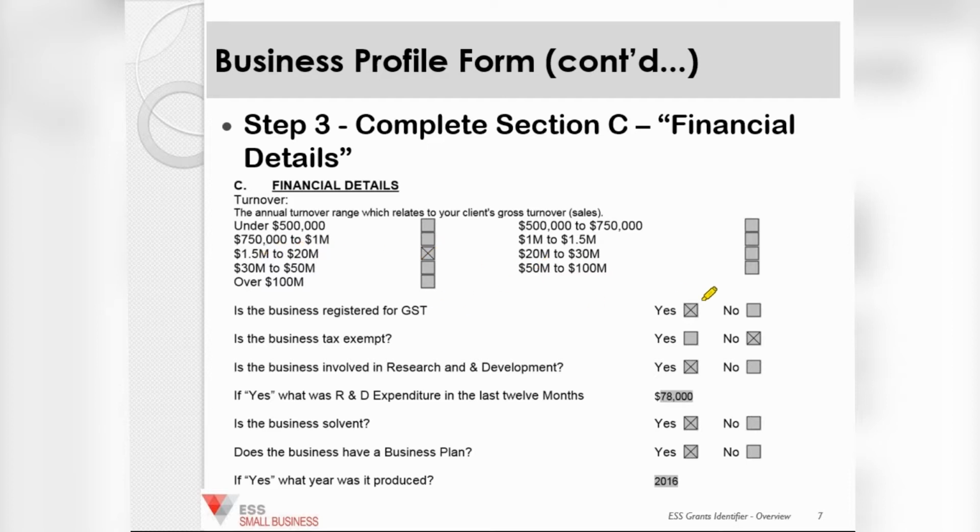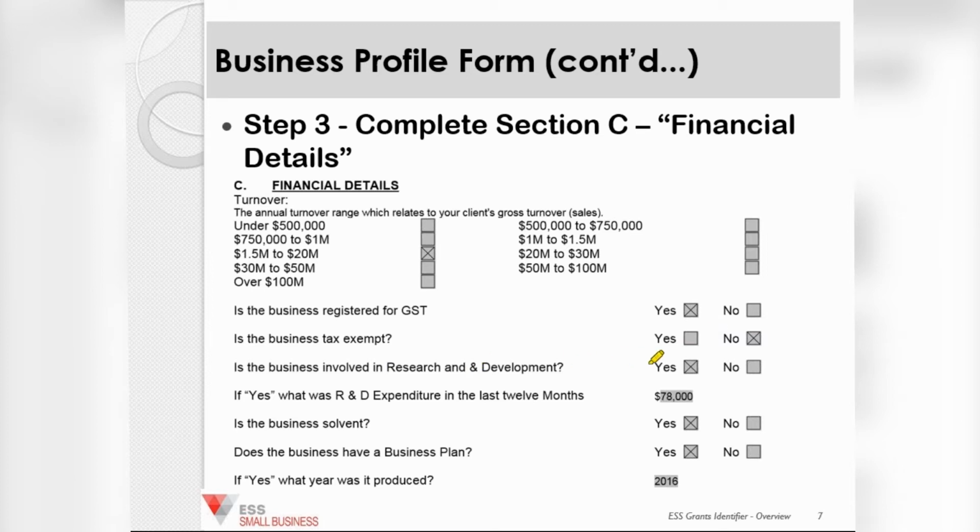Is the business registered for GST? You will need to be able to answer yes for that if you're going to obtain a government grant. Is the business tax exempt? If you answer yes, you will not get access to many grants within this system because this system has been developed for businesses which are not tax exempt.